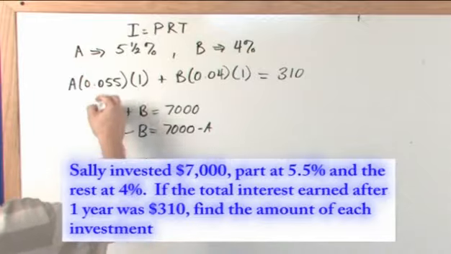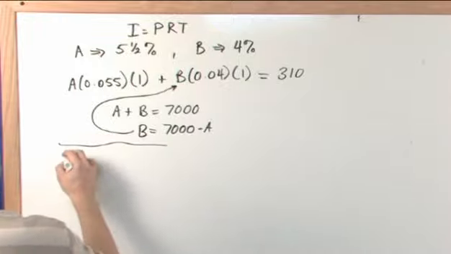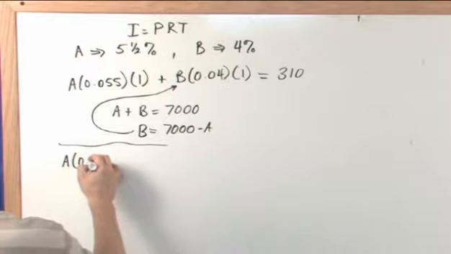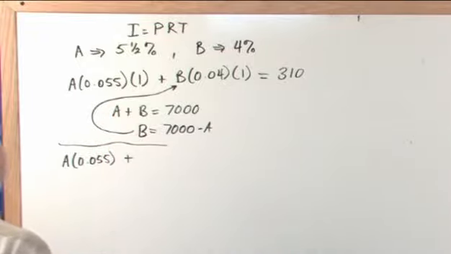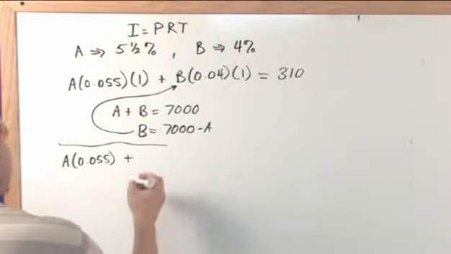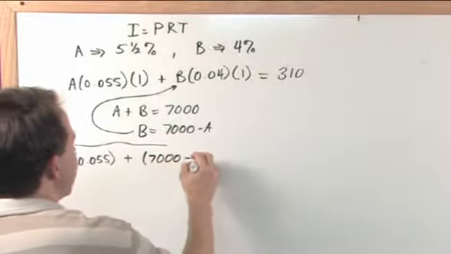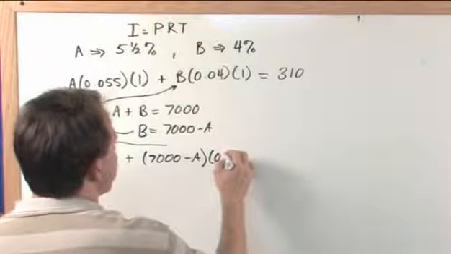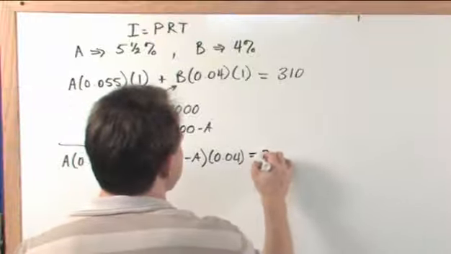And then I'm going to plug it right back into this equation. I'm going to do that right down here. A times 0.055 times 1, but I'm going to leave that off now because it's just times 1, plus B is given by 7,000 minus A times 0.04 times the 1, but I'm going to leave that alone, is equal to the 310.